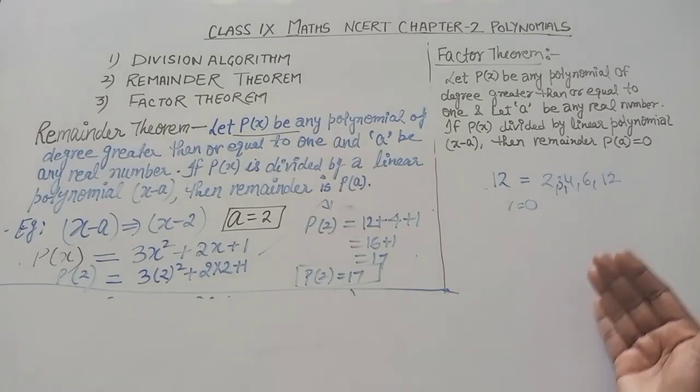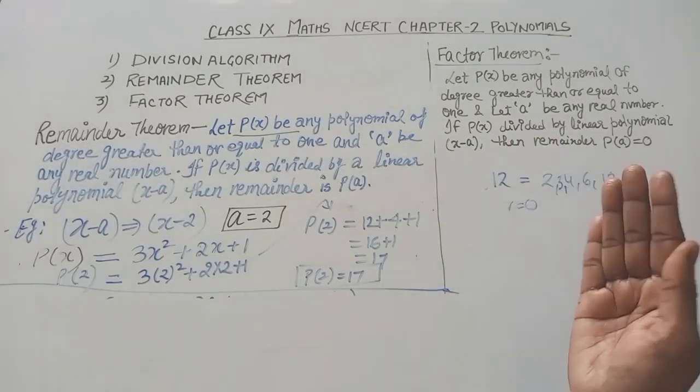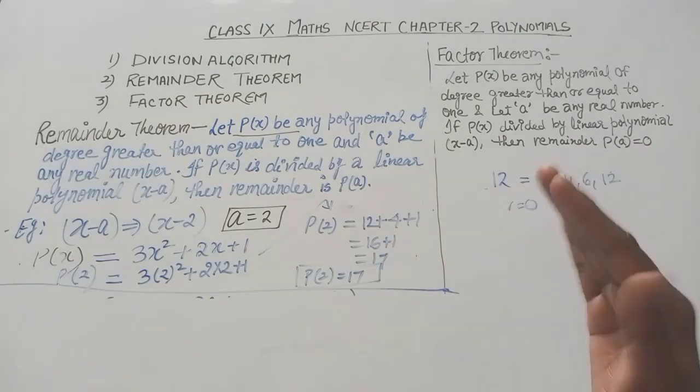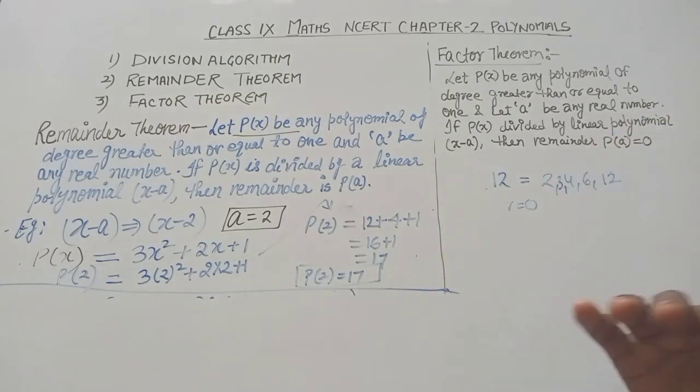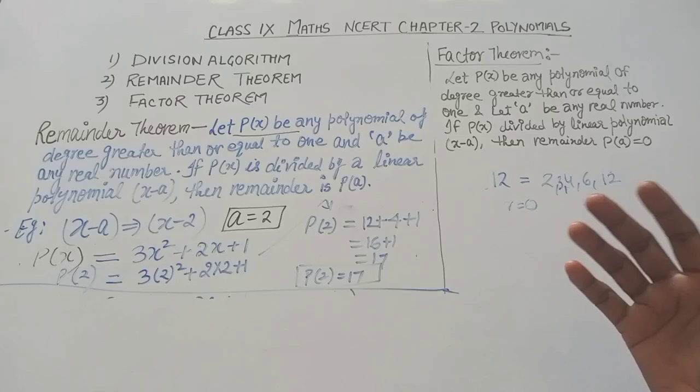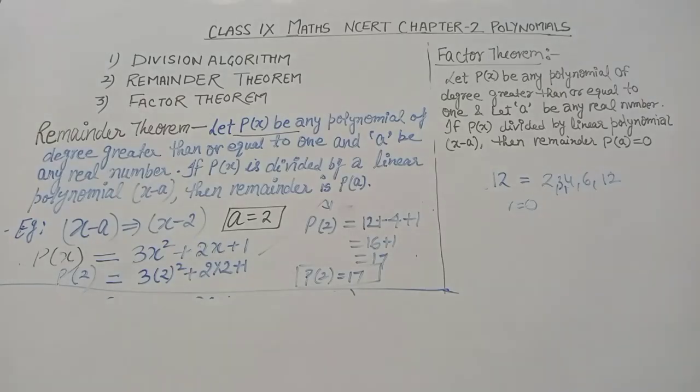So same here, the factor theorem comes from the remainder theorem. Factor theorem says that if the linear polynomial is a factor of the given polynomial, then the remainder will be 0.